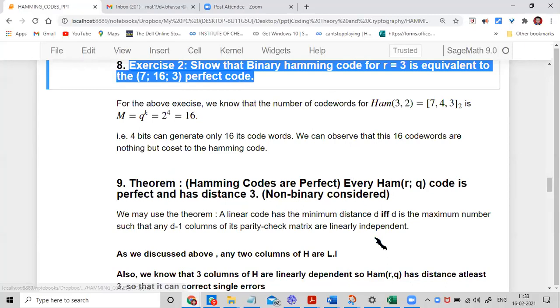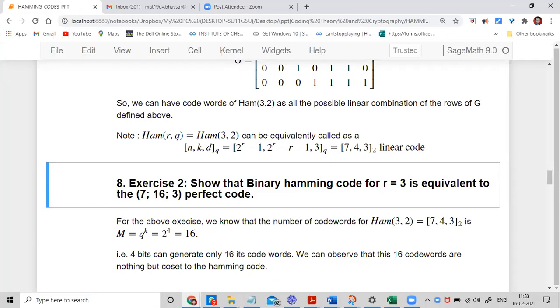For the above exercise, we know that the number of code words for Ham(3,2), what sir already told, is 2 power 4, that is 16. Four bits can generate only 16 codes. So we can observe that these 16 code words are nothing but the cosets to the Hamming code.